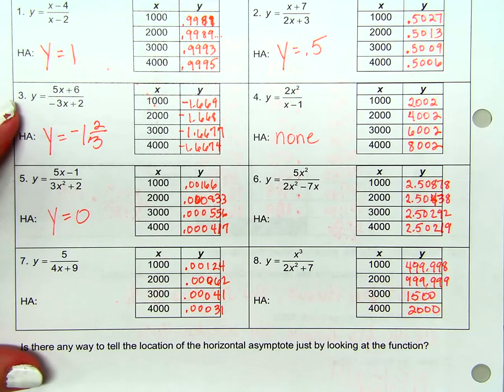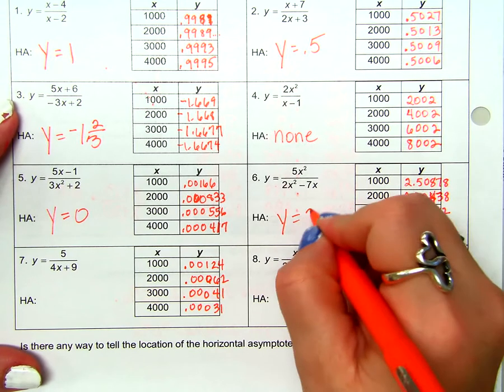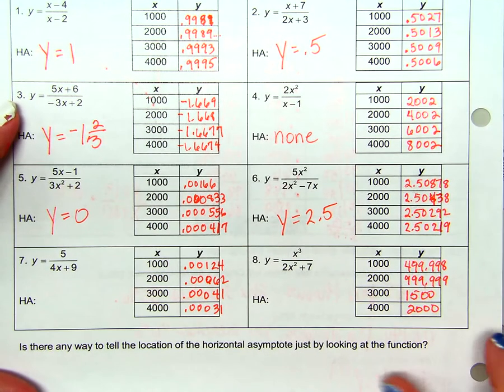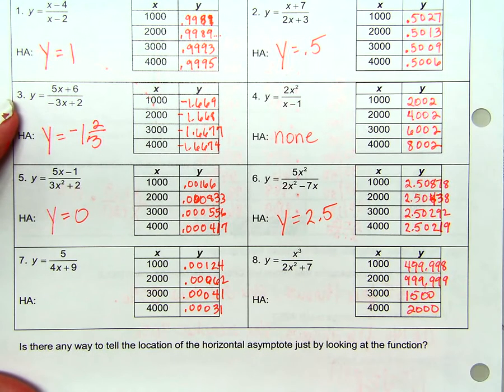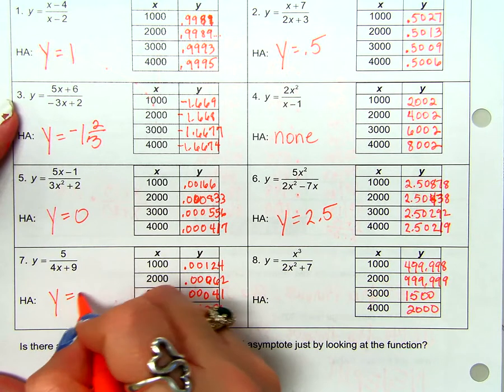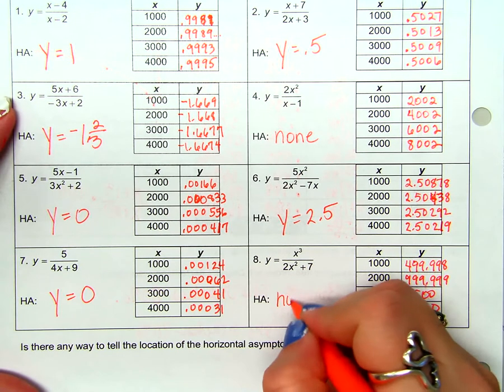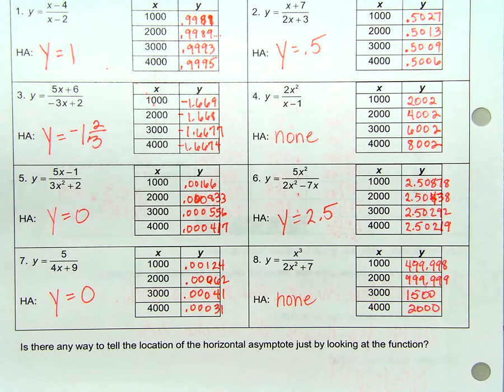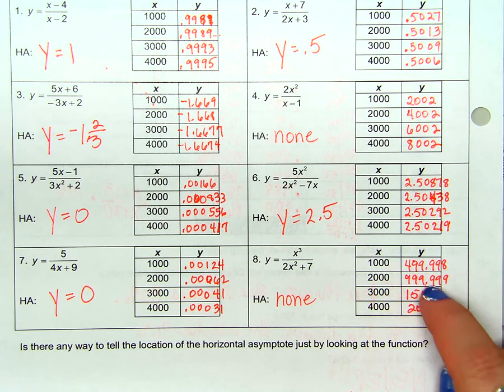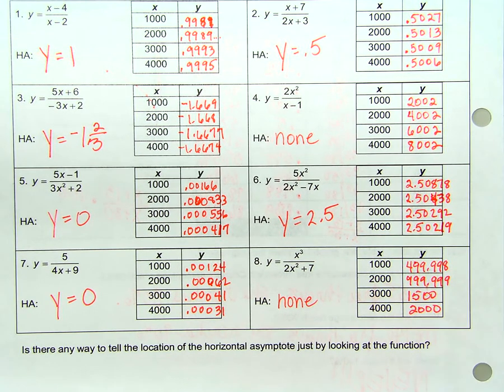What about number 6? Y equals 2.5. Good. What about number 7? Y equals 0. And what about 8? Nothing. Basically, it was 500, then 1,000, then 1,500, then 2,000, right?